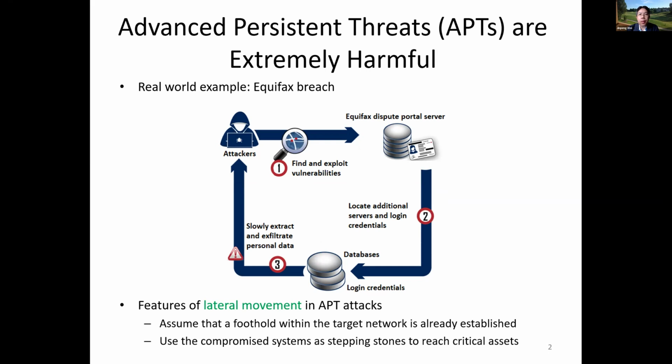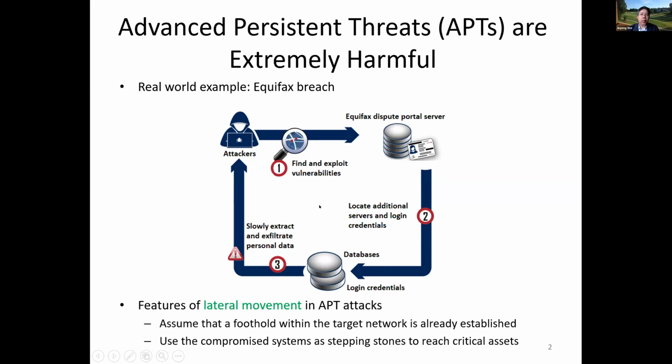This attack starts with a compromise of the Equifax dispute portal server because that server suffers from one vulnerability. Once the attacker landed on the portal server, he or she discovered the saved login credentials. Using those login credentials, the attacker was able to enter the database server of Equifax. On that server, the attacker discovered a huge amount of personal data, which was then exfiltrated.